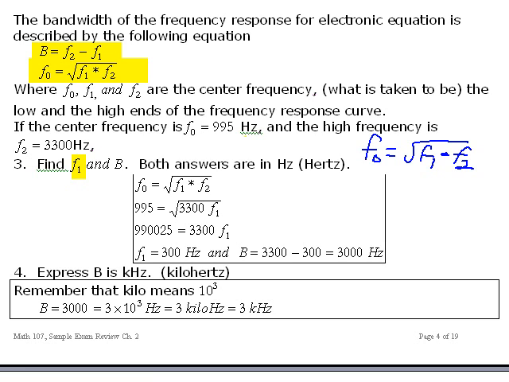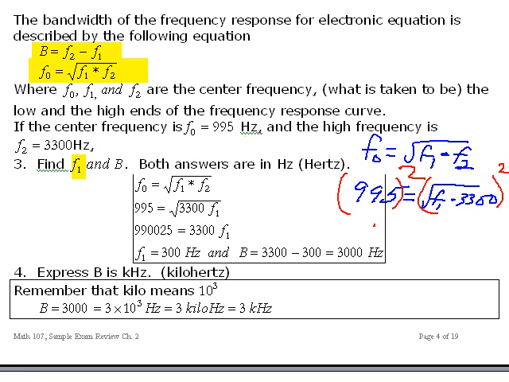I know that f0 is 995. And what else do I know? I've got an f1 here, and it's multiplying 3300. How do I solve for this? I need to get rid of the square root sign, so I square both sides.